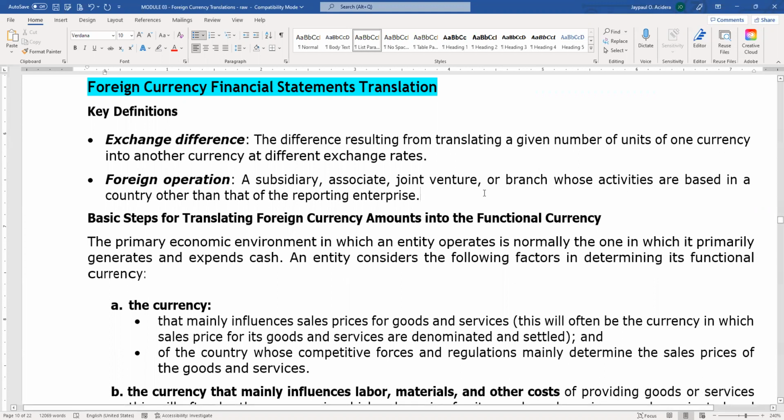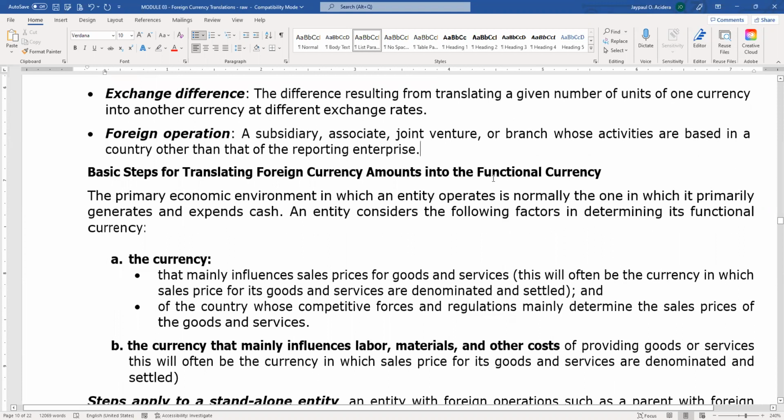Now later also we have to deal with functional currency. May definition tayo later. What is functional currency? So saan nakadepende ang ating functional currency? For example, class, if you are a company here in the Philippines and you are not dealing with foreign currency, your functional currency is Philippine peso.